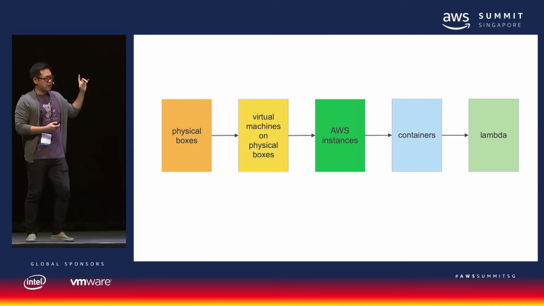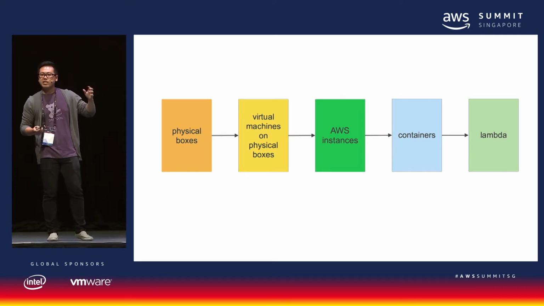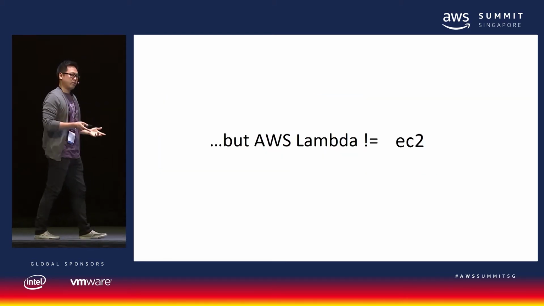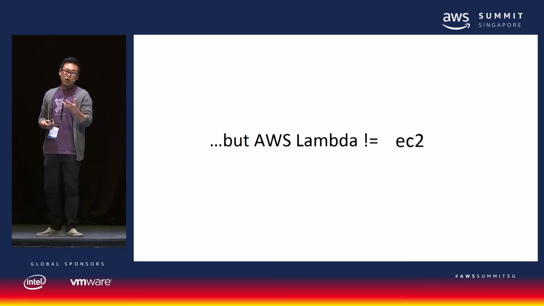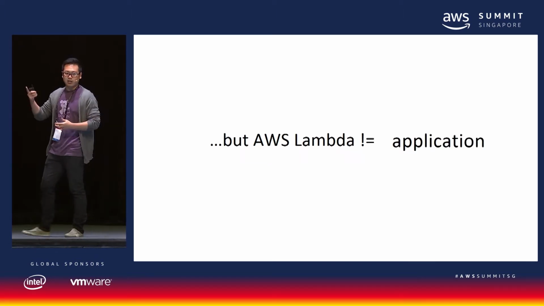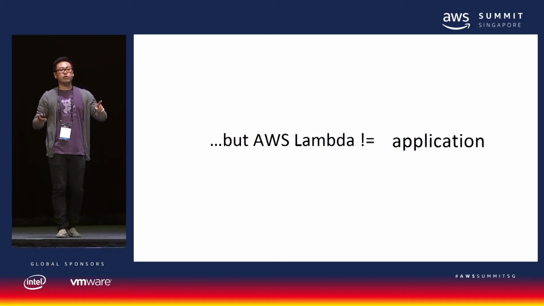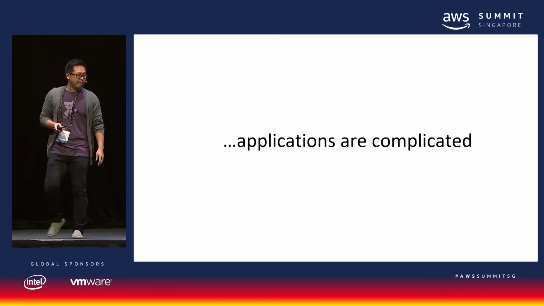Now, the issue with this slide right here is it kind of equates an EC2 with a Lambda. So one EC2 equals one Lambda. And that's not true. So that's not quite an apples-to-apples comparison that you can make. And you also can't say that one AWS Lambda is an application. Because, newsflash, I don't know if you guys knew this, but applications, they tend to be a little bit complicated.